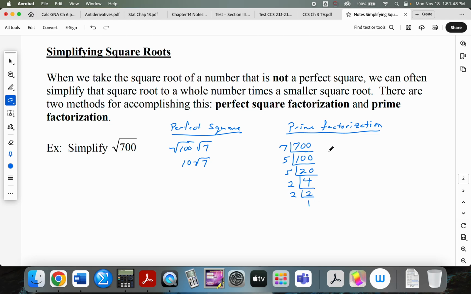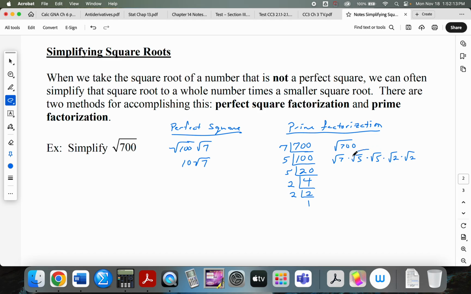Then what we're going to do, and I'm going to show you a short way to write this, but basically what we're saying is the square root of 700 is the same thing as the square root of 7 times the square root of 5 times the square root of 5 times the square root of 2 times the square root of 2.